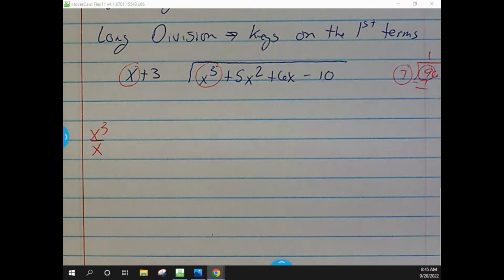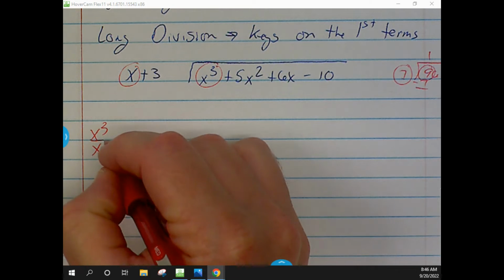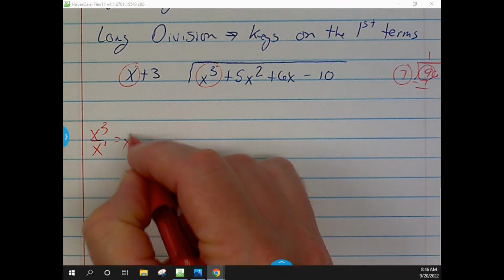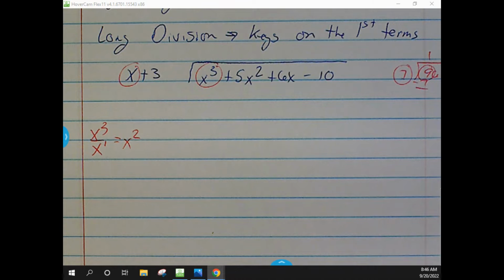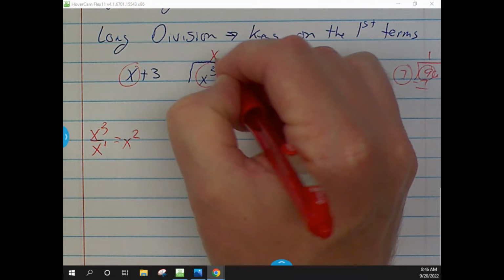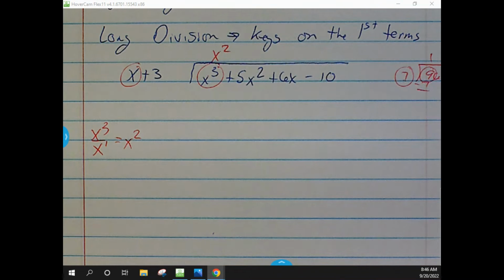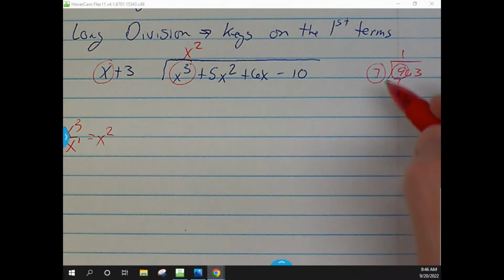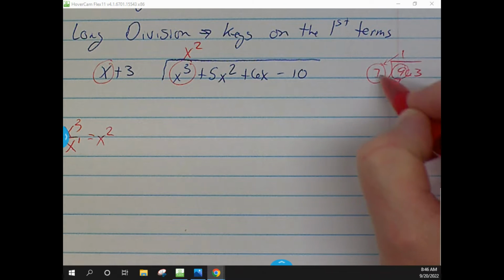We talked about the other day that when we're doing division, you're basically going to subtract your exponents. So this is really x to the third over x to the first. So that's just x squared. So x squared would go there. If you were doing long division with numbers, after you figure out how many times this will go into here, you multiply and put the number here.